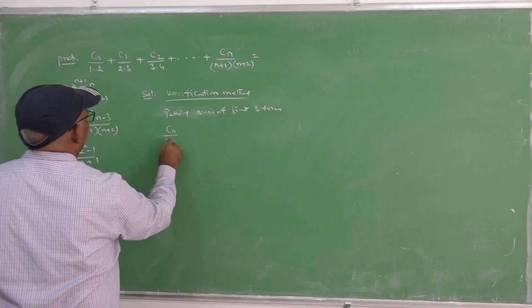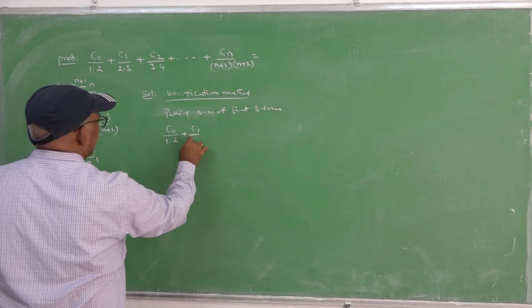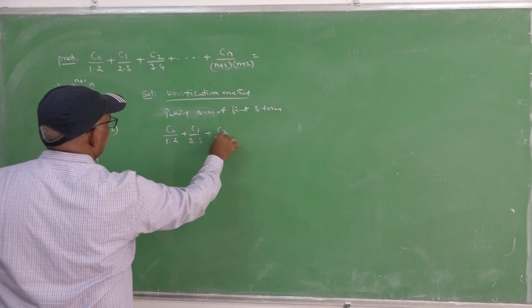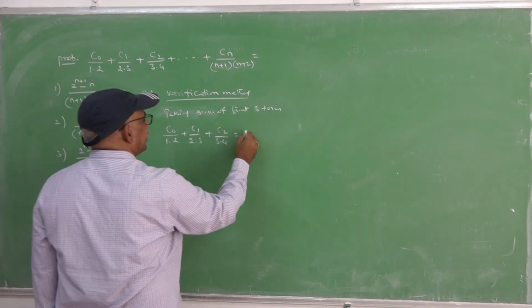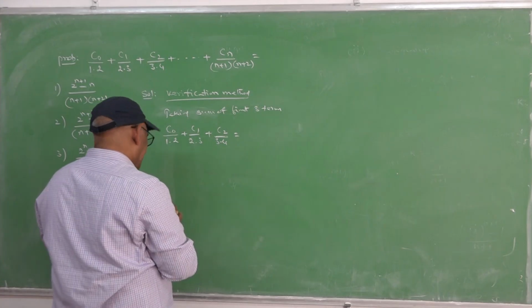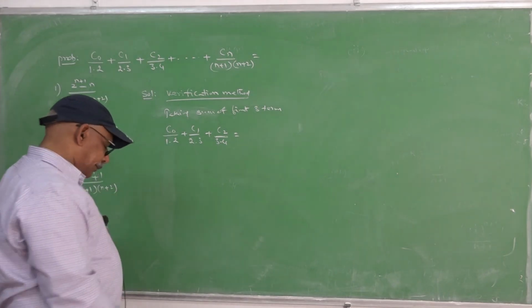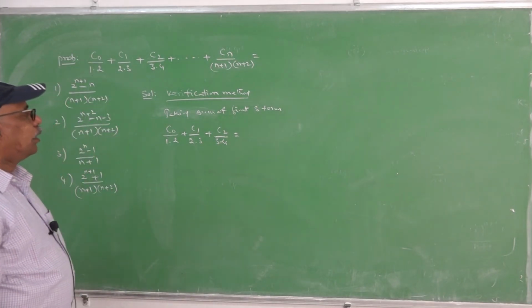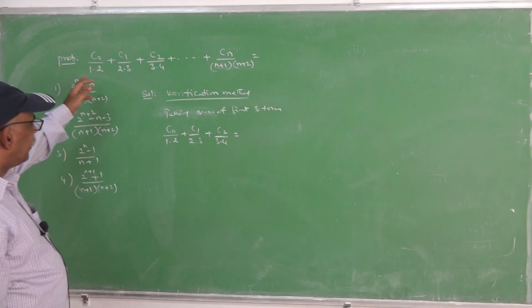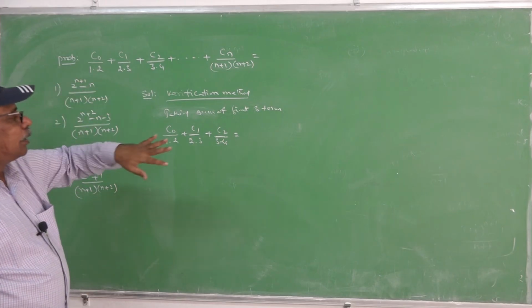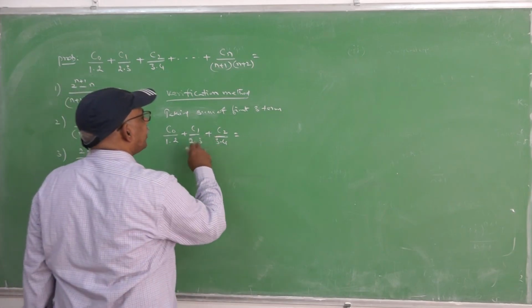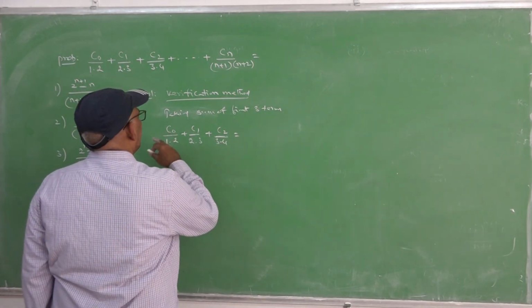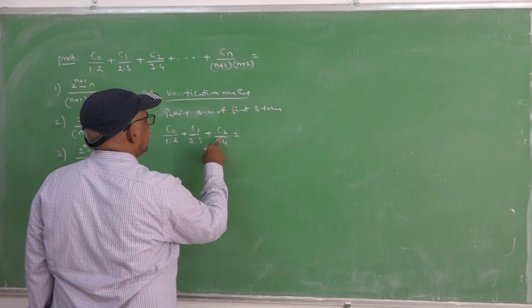That is C1 by 2 into 3, C2 by 3 into 4, equal to NC0. We are starting to get a third term, n must be equal to NC0, NC1, NC2. Okay, 3C0, 3C1, 3C2.